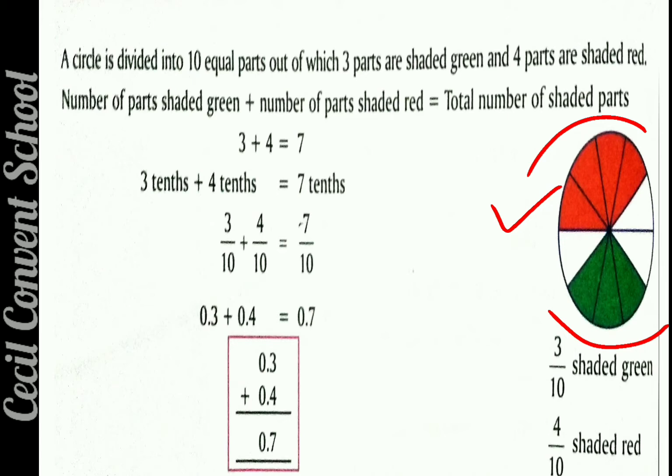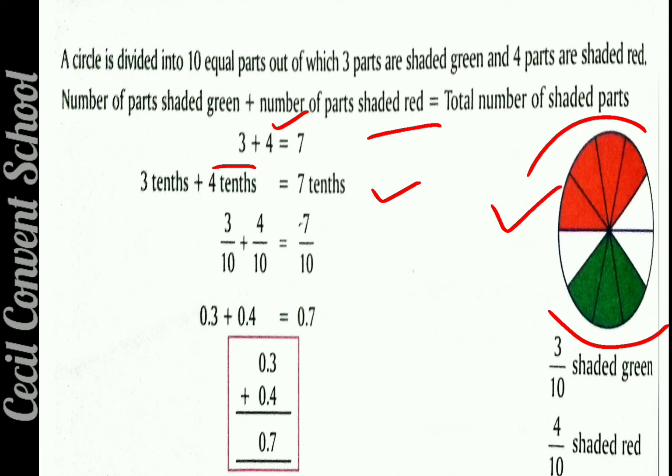The number shaded green is 3 out of a total of 10, so I will write it as 3/10. When 10 is in the denominator, we read it as three-tenths in words. And 4 are shaded red, so it will be 4/10. Clear? So the total shaded part will be 7/10.